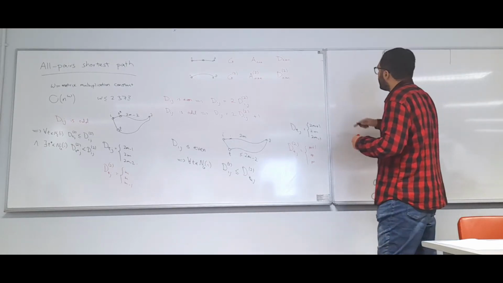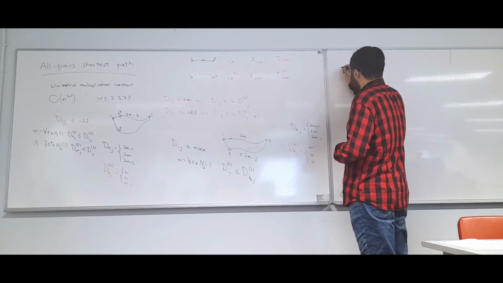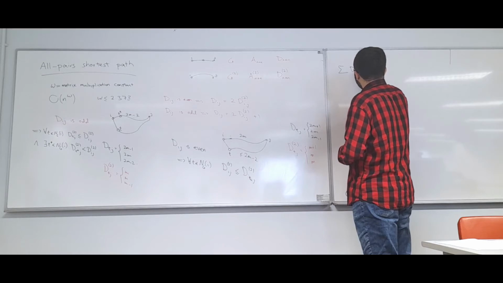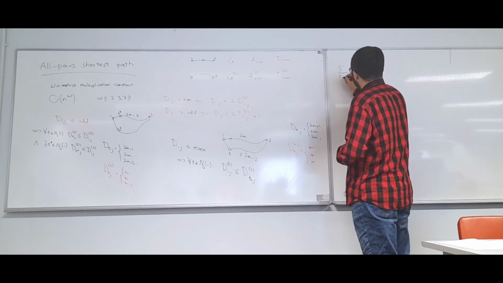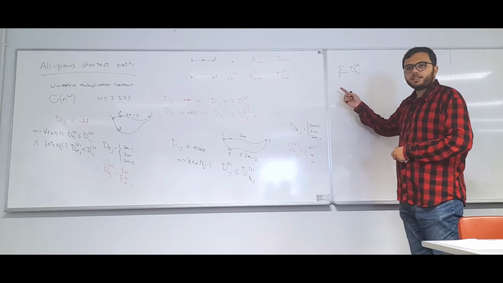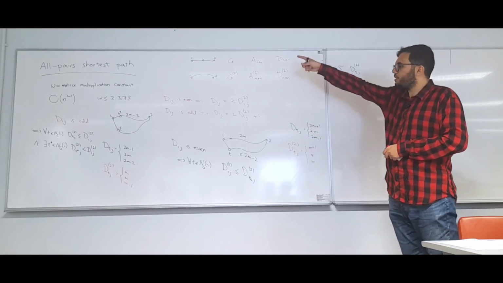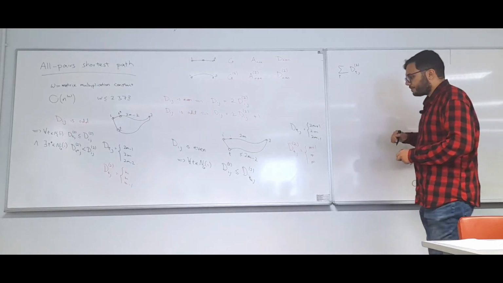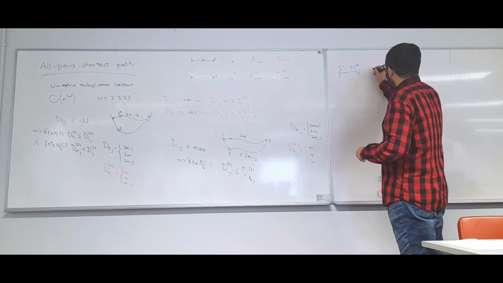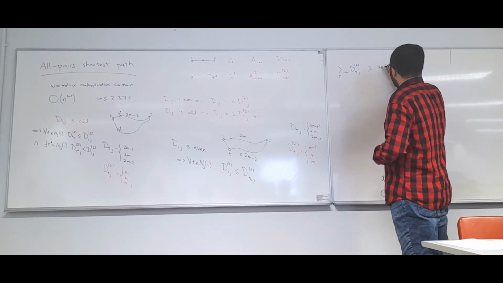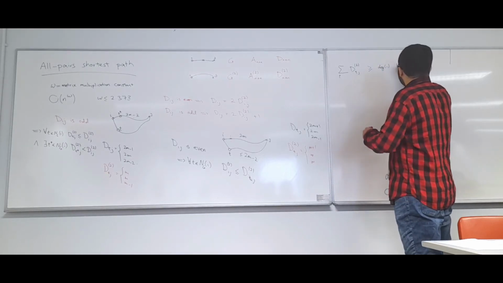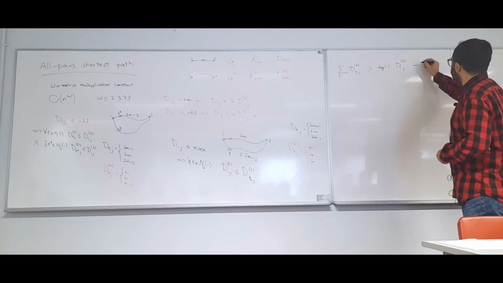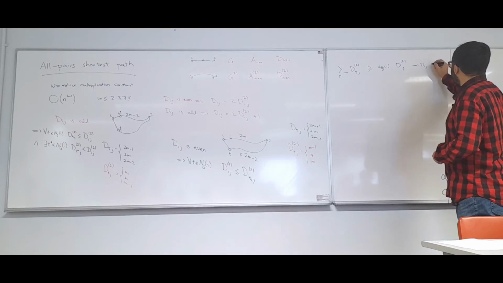So I want the sum of the distances from t to j, where t is a neighbor of I. So I'm not going to write it anymore. Whenever I say t, it's going to be a neighbor of I in the original graph. Okay? And if this sum is greater than or equal to the degree of the vertex I times the distance from I to j, then I know that the distance from I to j in the original graph must be even.